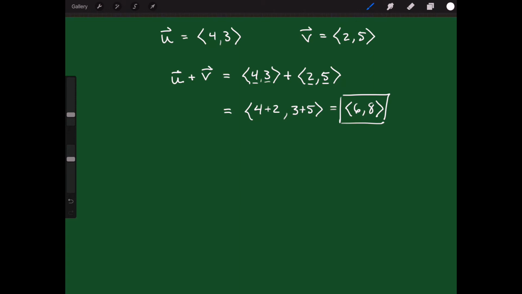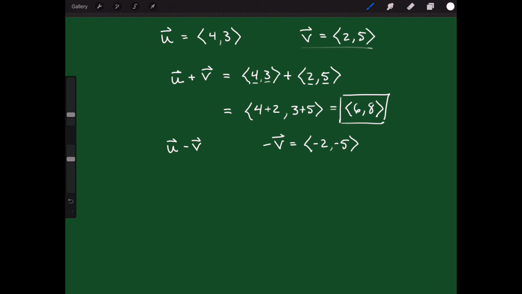Now, what if I wanted to figure out what's u minus v? Well, minus v is going in the opposite direction of v. So if positive v is 2, 5, then negative v is going to be the other direction, or negative 2, negative 5.